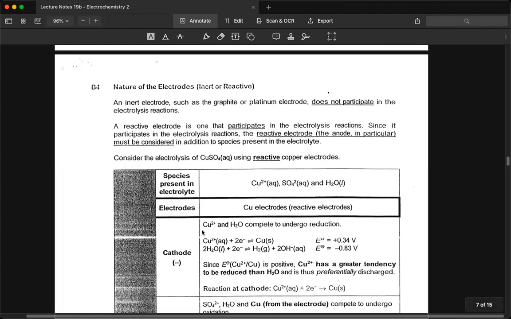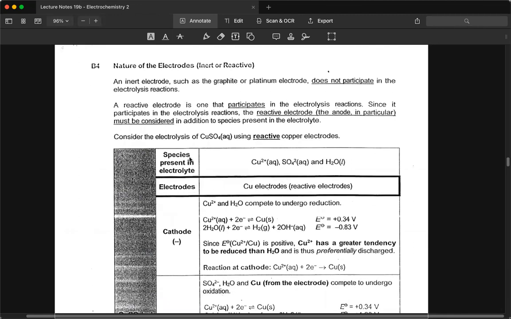The nature of the electrode will affect the reactions occurring in the electrolytic process. However, inert electrodes like graphite or platinum do not participate; therefore, they are considered inert. A reactive electrode is one that participates in the reactions.